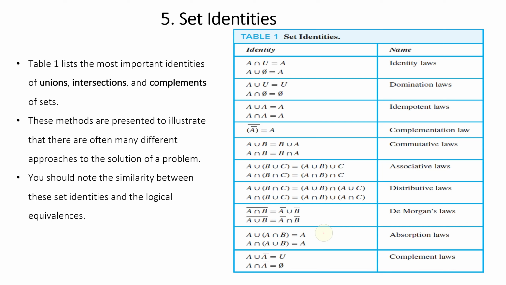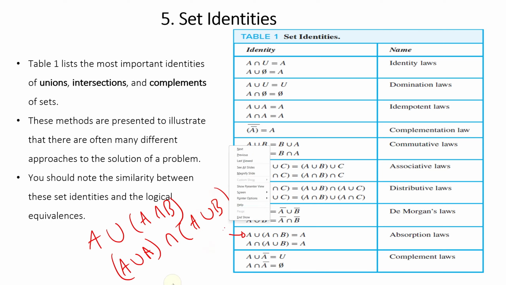Now the absorption law. I don't want to go in too deep, but let's do it. For example, take A union (A intersection B). We said that we can distribute that, so that means (A union A) intersection (A union B).